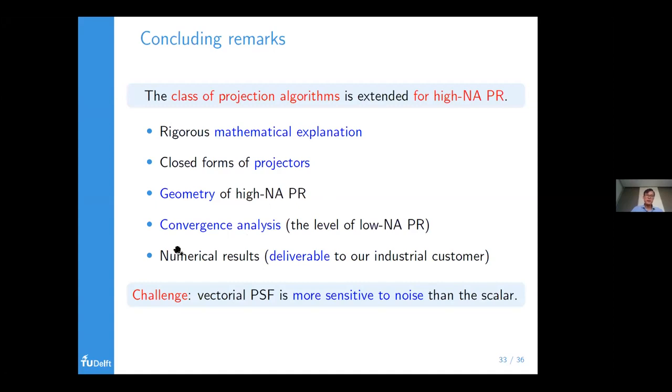And we formulate some numerical results. This is actually a deliverable to our customer. The drawback of vector phase retrieval is that it is more sensitive to noise than the scalar one.